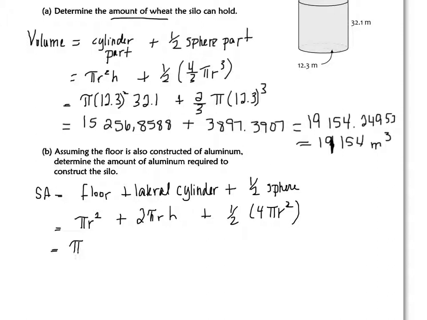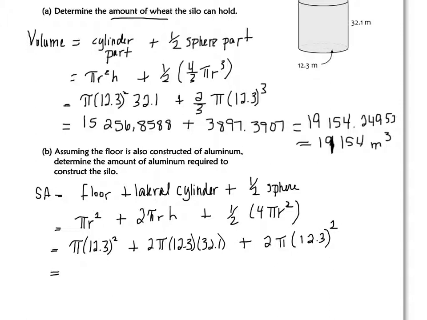So this would be pi times the floor radius 12.3 squared, plus 2 pi times the cylinder radius 12.3 times the height 32.1, plus 2 pi times the sphere radius 12.3 squared.